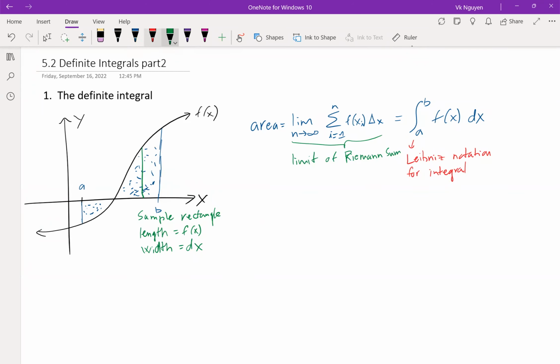From the previous example, we see that if the area is below the x-axis, then this would have a negative value. And if the area is above the x-axis, then it would have a positive value.